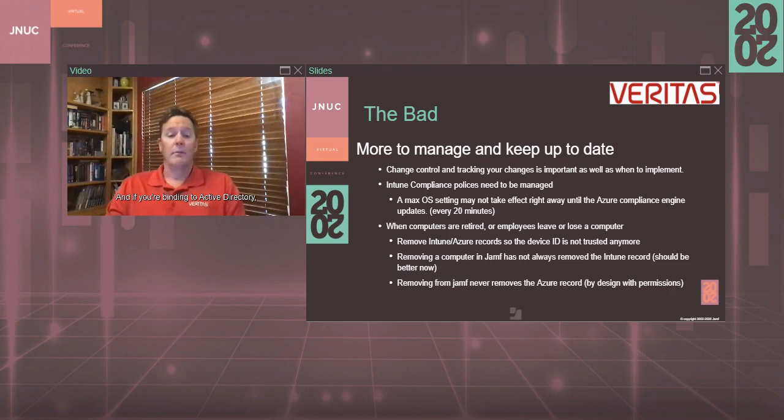And if you're binding to Active Directory, you might want to clean up your internal Active Directory as well. Just one thing to note, the Azure records do not ever get cleaned up automatically when you delete a computer from Jamf. When you delete a computer from Jamf, it should go get the active record out of Intune for you. But if there are multiple entries, it will only clean up the one.